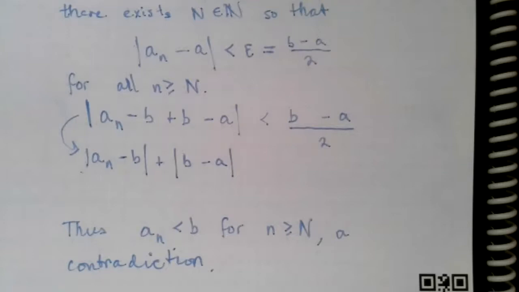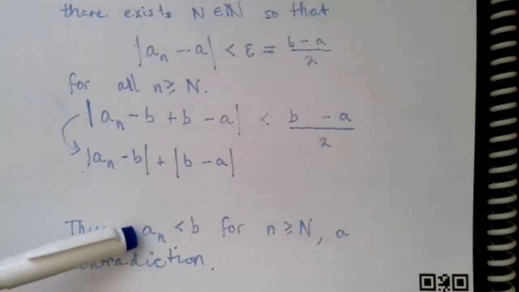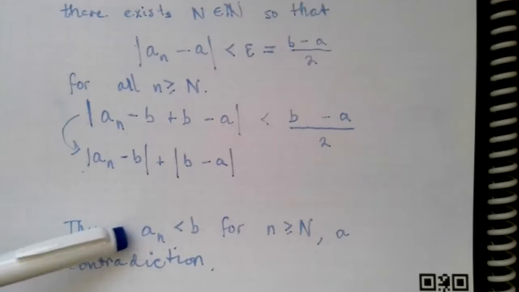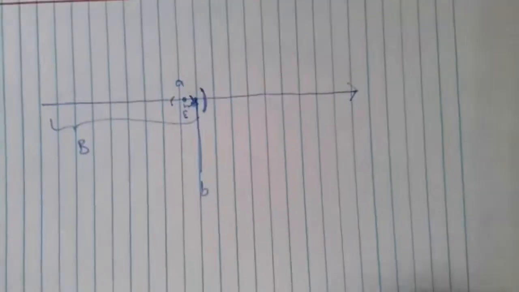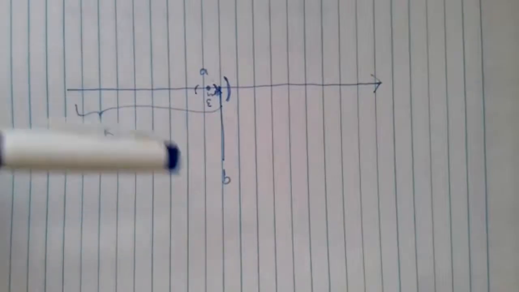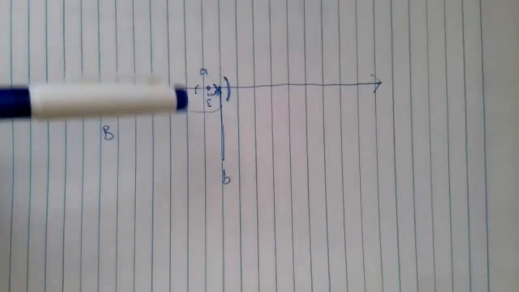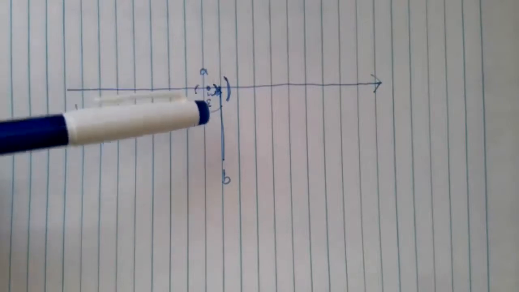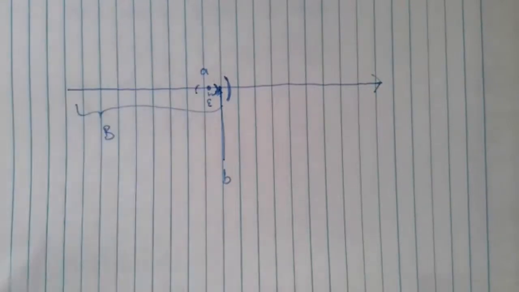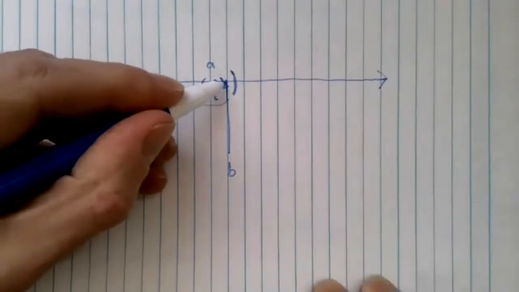So we're thinking about eventually relating the A sub n's and the B's. And we kind of want this. And remember our picture here, right? The A sub n's have to get within epsilon of A, which is right here.